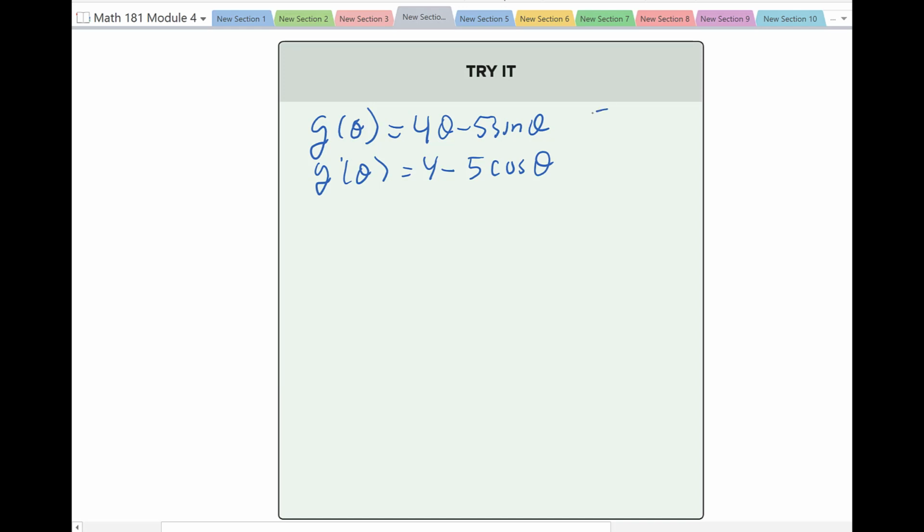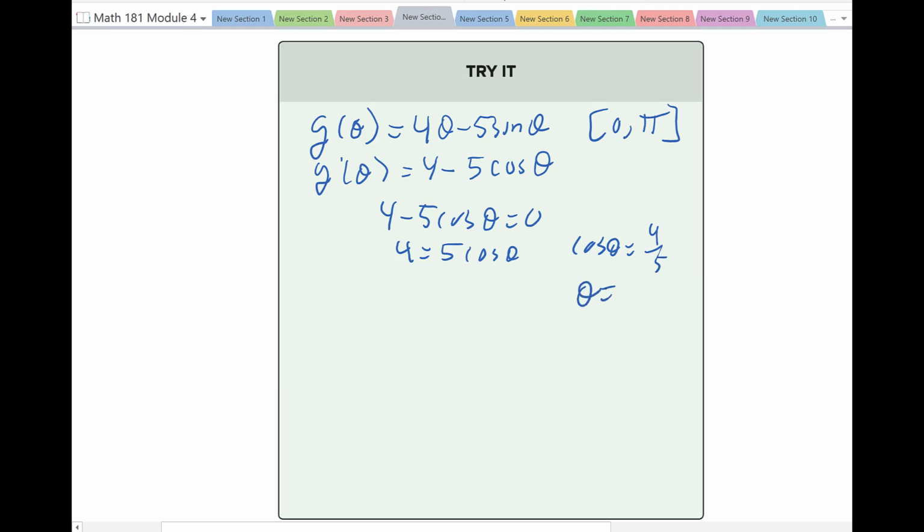The interval they give us is from 0 to pi. So let's set that 4 minus 5 cosine theta equals 0. That means 4 equals 5 cosine theta, so cosine theta is 4/5.